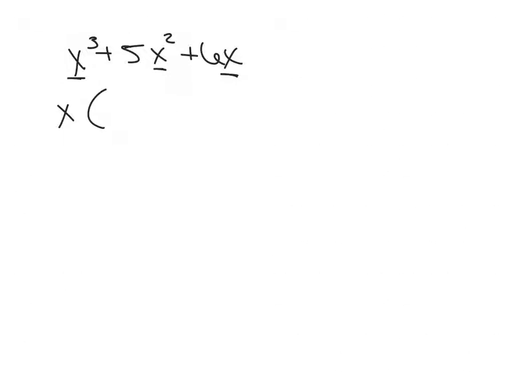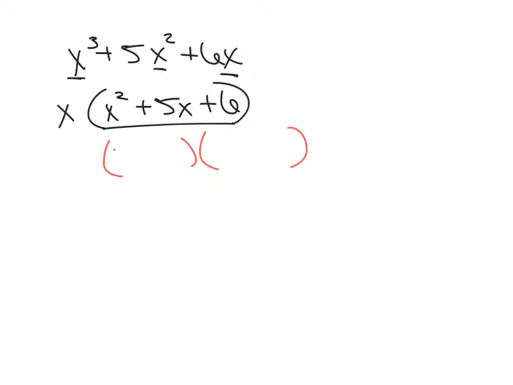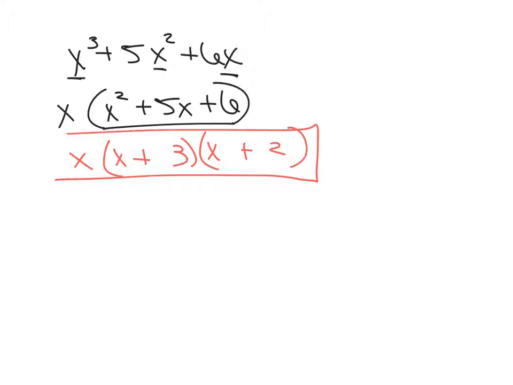So you'd factor out an x. Then you would look at this and say, okay, can I factor this into two binomials? Two numbers multiplied together give me 6, added together give me 5. And there's my factor.